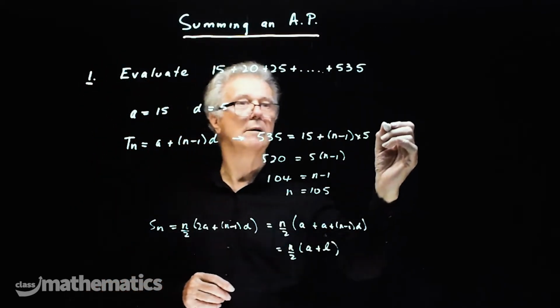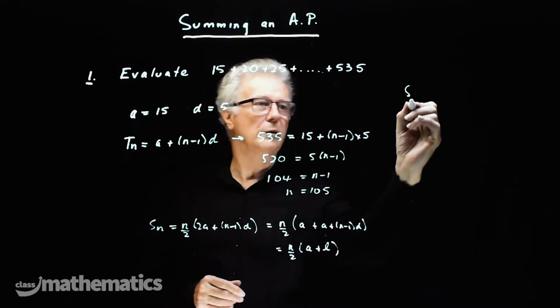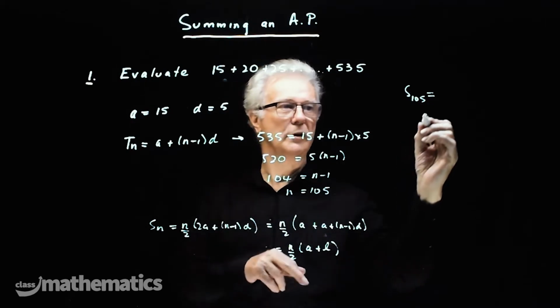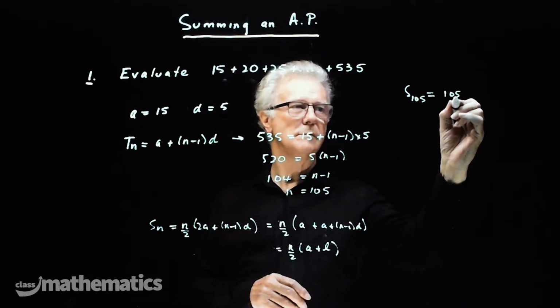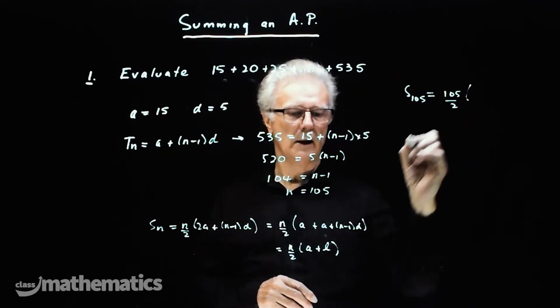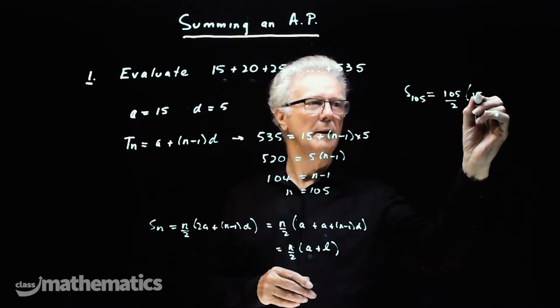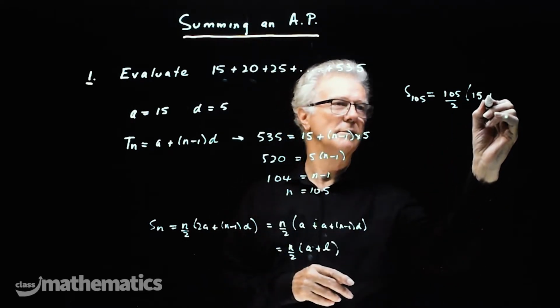And we'll see that the sum, and it will be summed to 105 terms, is equal to n over 2, which is going to be 105 over 2 into the first term, which was the 15, plus the last term, which is 535.